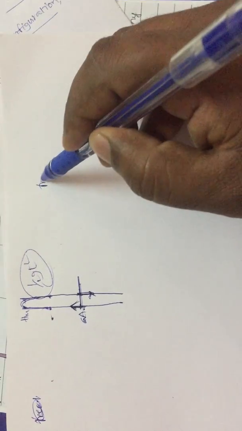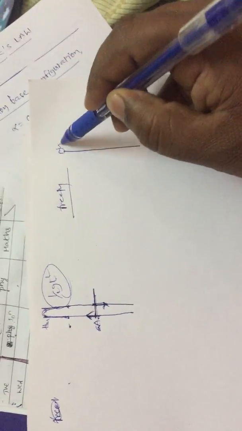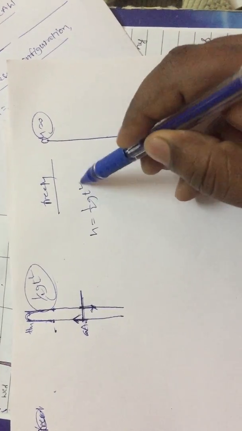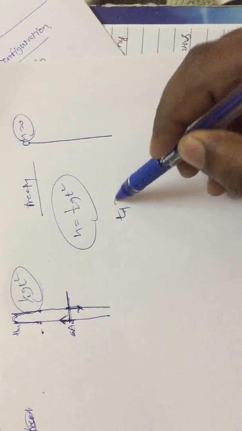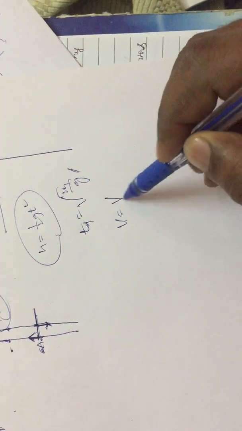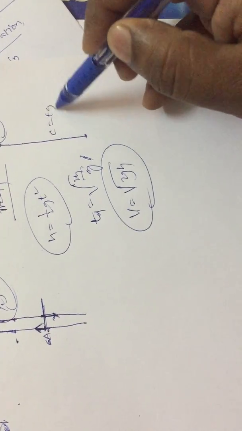Next, freely falling body. For a freely falling body, the object is falling freely such that initial velocity equals 0, h equals half gt square we can write. Time of descent t equals root of 2h by g. Final velocity before hitting the ground is root 2gh, because a equals plus g here.